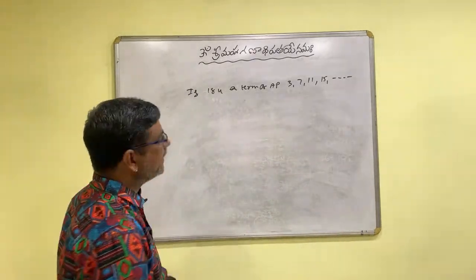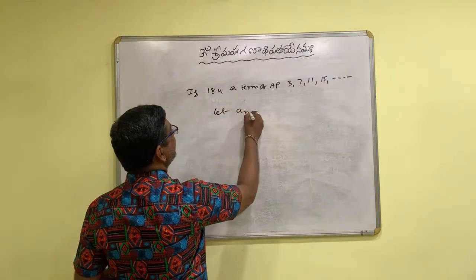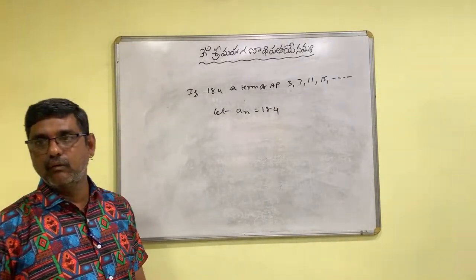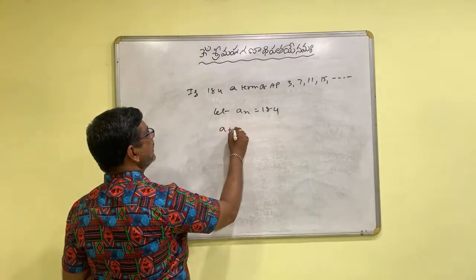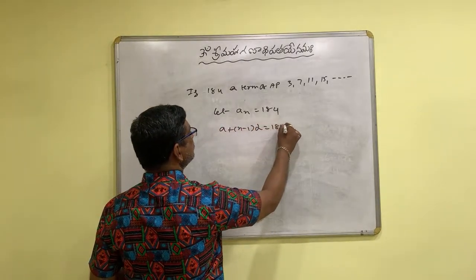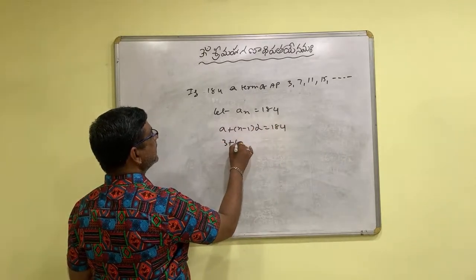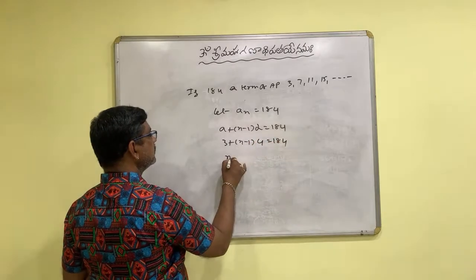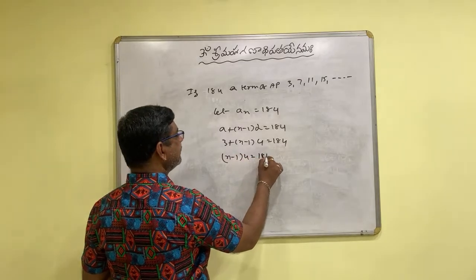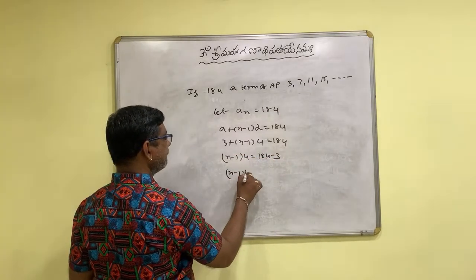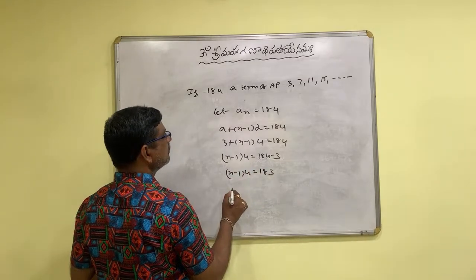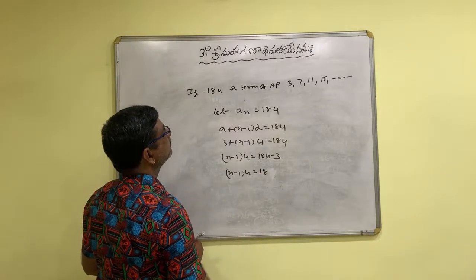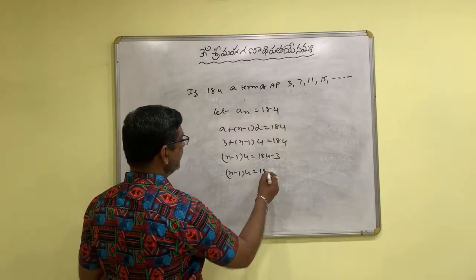For that, let an be equal to 184. a plus n minus 1 into d is 184. 3 plus n minus 1 into 4 is 184. n minus 1 times 4 is equal to 184 minus 3, that is 181.